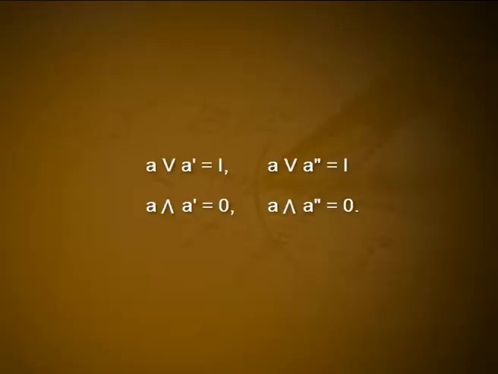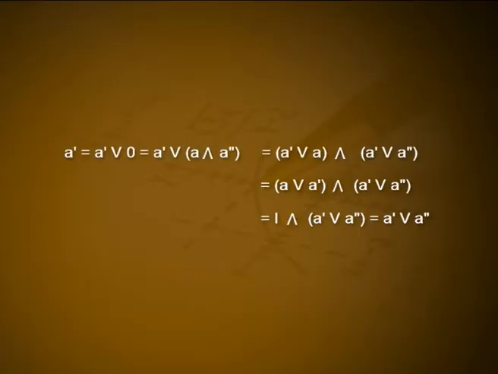Proof. Let A' and A'' be complements of the element A in L. Then A join A' is equal to I and A join A'' is equal to I. Similarly, A meet A' is equal to 0 and A meet A'' is equal to 0.